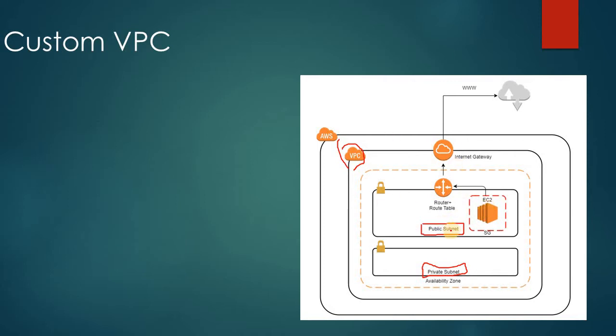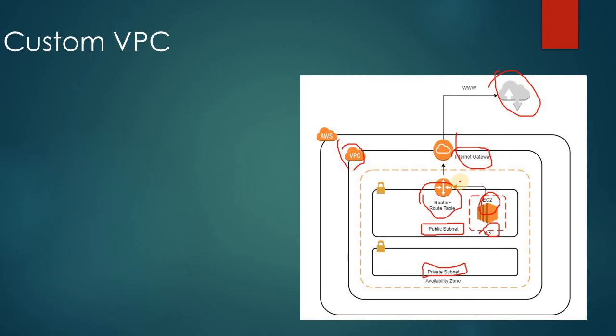After creating the public subnet we will create a security group, and then we will launch an EC2 instance. We will try to connect from outside, but it won't connect because we are still missing an internet gateway and a route table. So we will create an internet gateway, and after that we will create a route table.